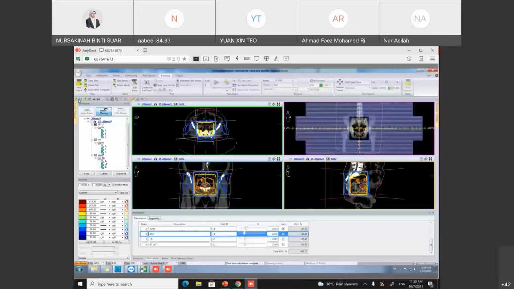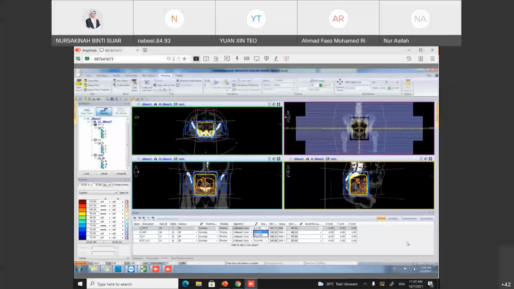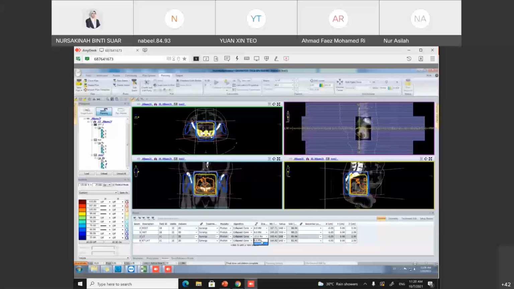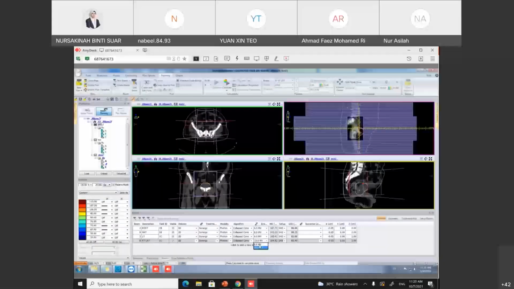Actually, for this plan, you can straight away use all 10 MV. Let me show you what the difference is if we use all 10 MV. Let me save all 6 MV first, with the same weighting contributions but different energy. Let us see what the difference is.